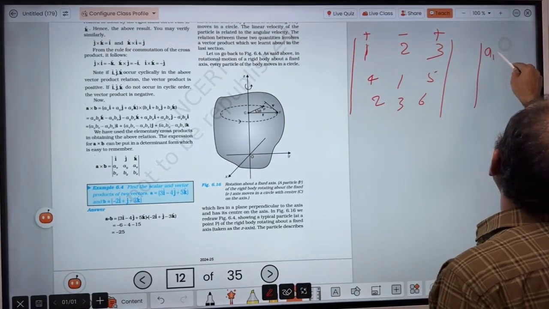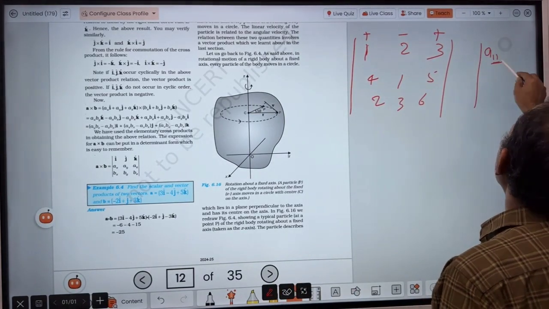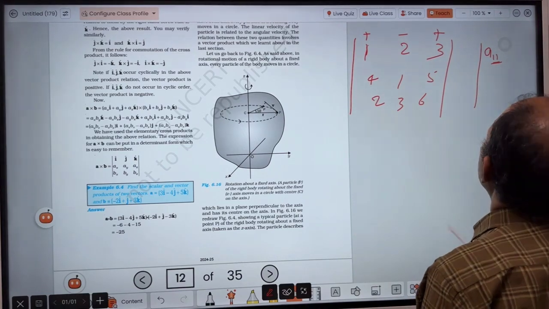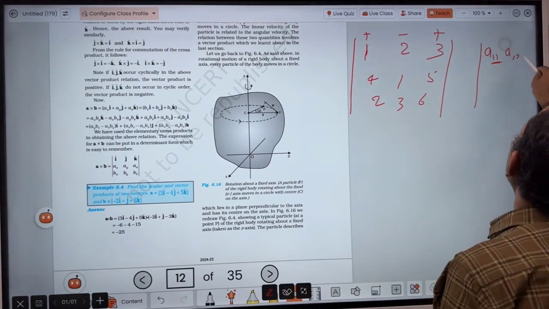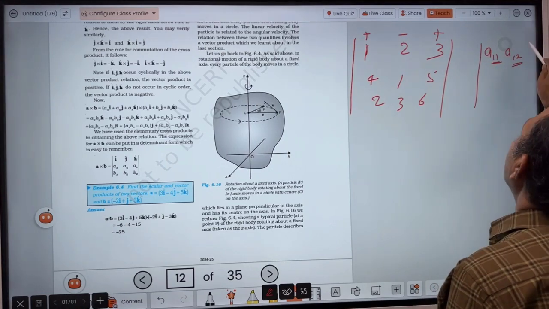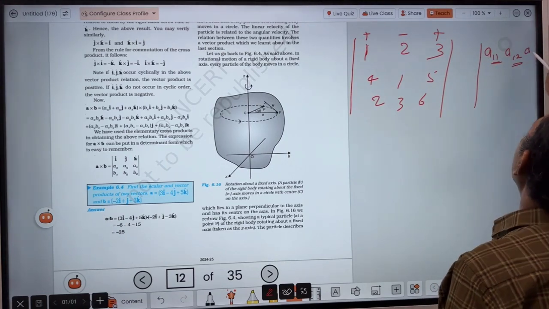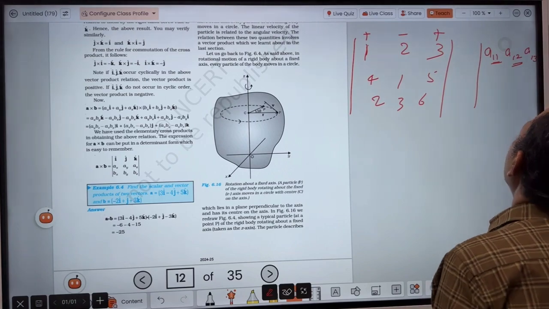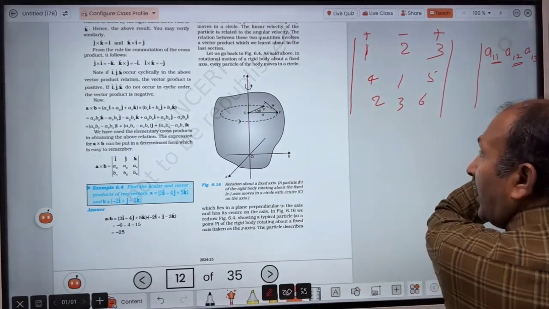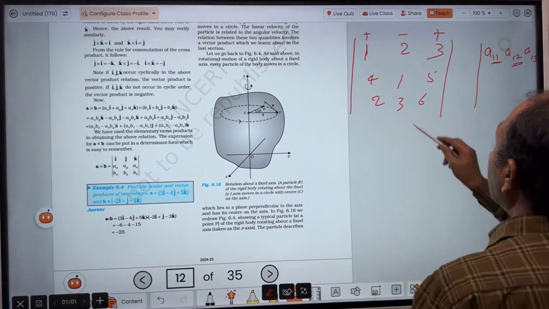If the sum of the subscripts is even, then positive sign. Here it is A12. A12 means first row, second column. So the sum is odd, so negative sign will appear. And here A13, the sum is even, so again positive sign will appear. So this thing you have to keep in mind. I will tell you in detail later on.